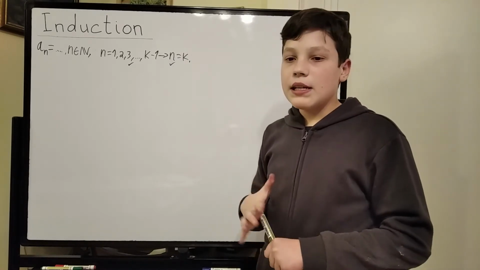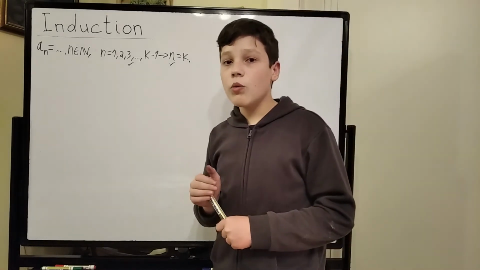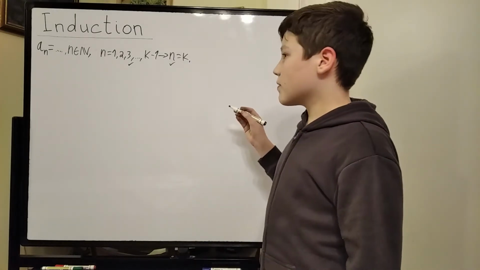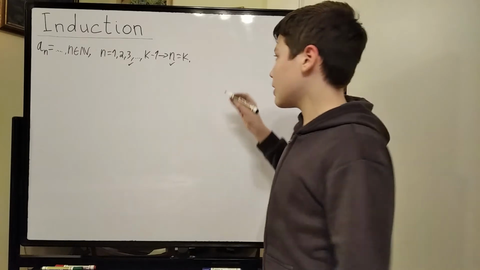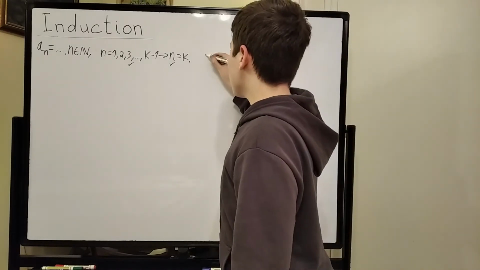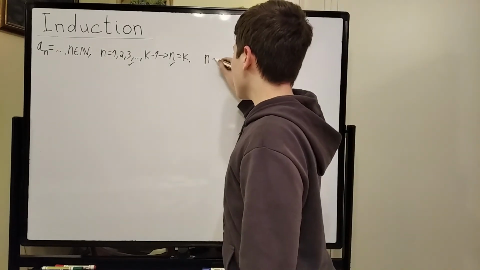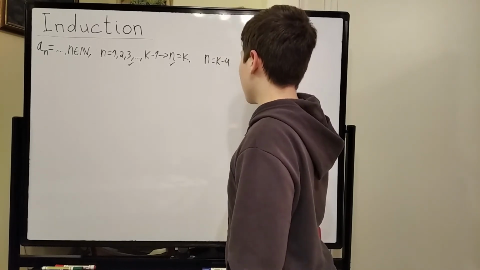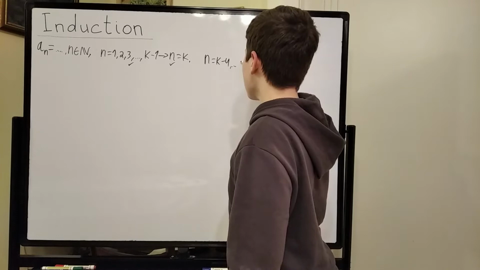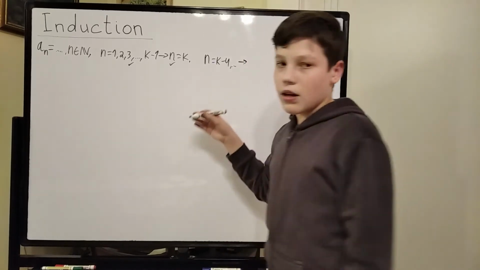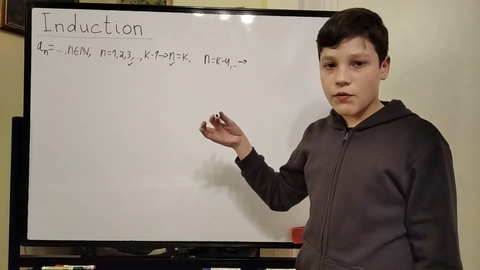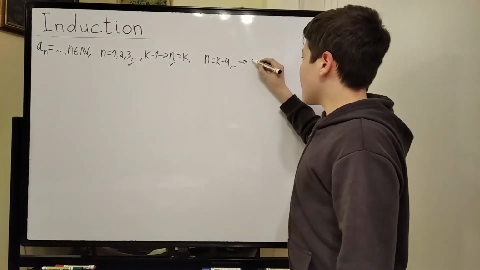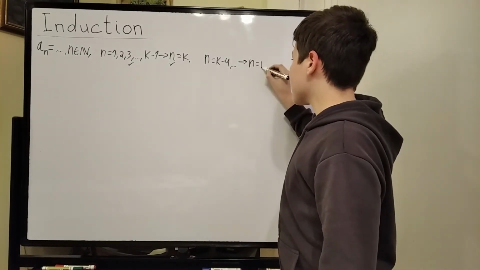Or maybe that k minus 4 and k minus 3 work, then k works. So if the smallest assumption you have, that you assume is true, is n equal to k minus 4, that with a bunch of other cases that come after k minus 4 implies that it's true for n equal to k.